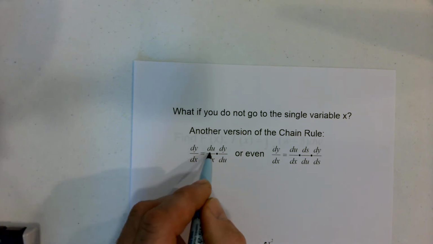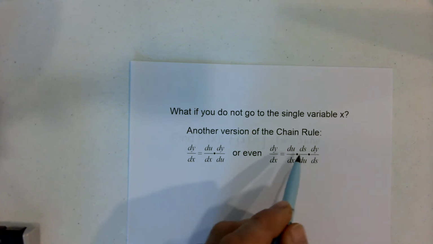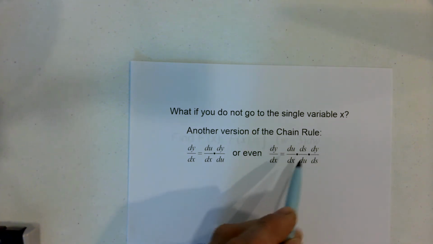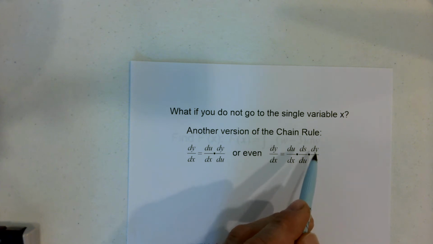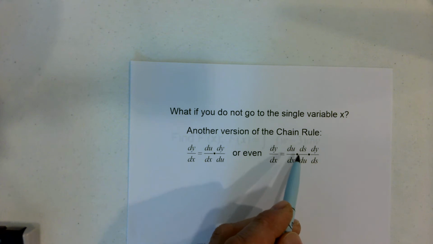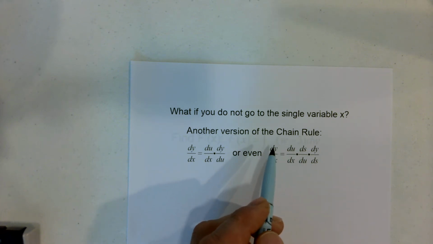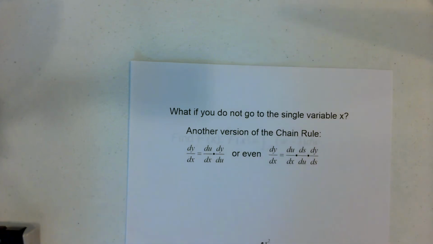It doesn't matter how many we put in this, so we can even put in a third variable. We can relate u to x, s to u, and then y to s. We're going to see that the du's will cancel each other out, the ds's will cancel each other out, and we're going to be left with dy dx.